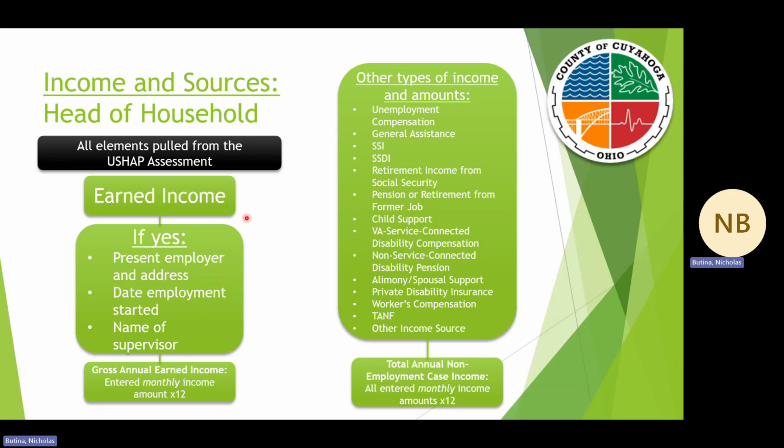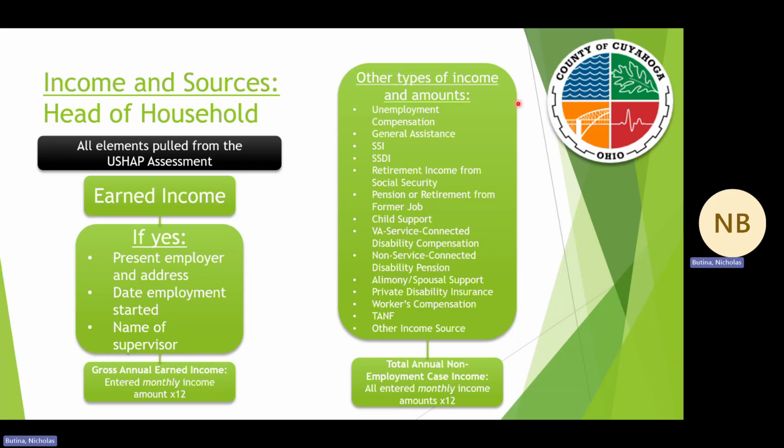They'll also ask about the amount of income that they get, and we enter that as a monthly number. The system will automatically generate a gross annual earned income based on the monthly income number you enter after that multiplies it by 12.